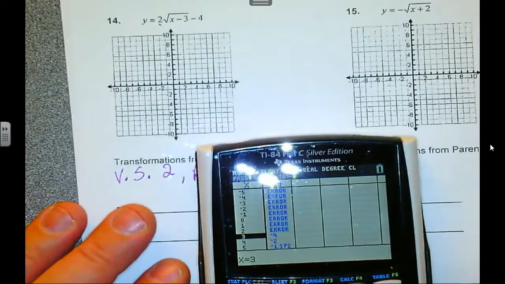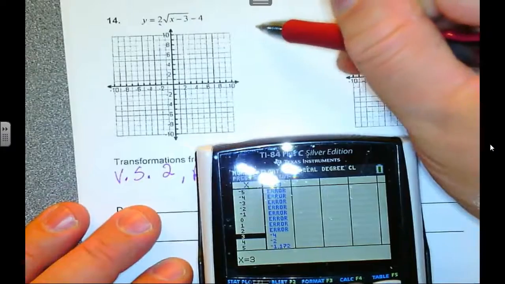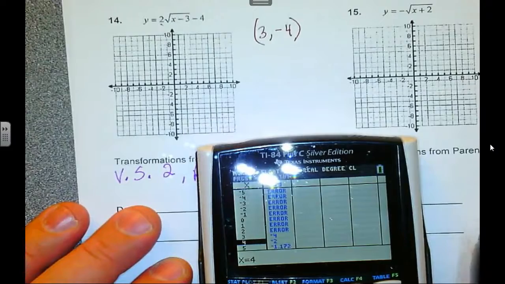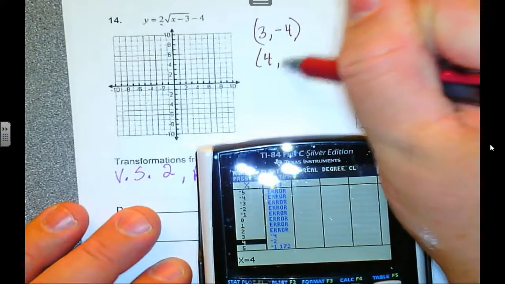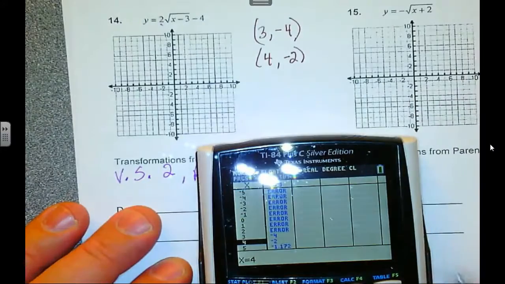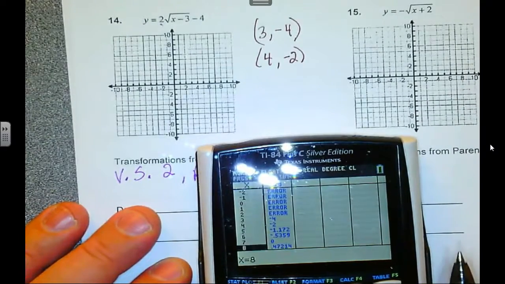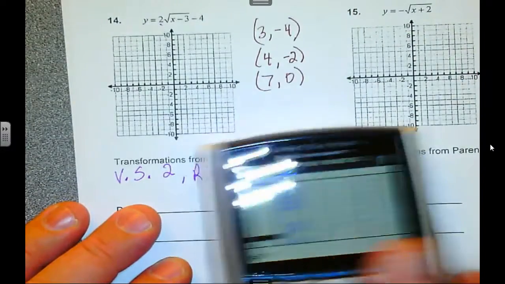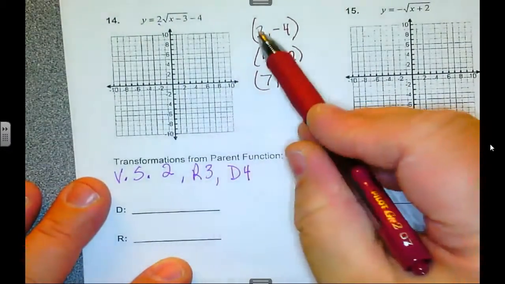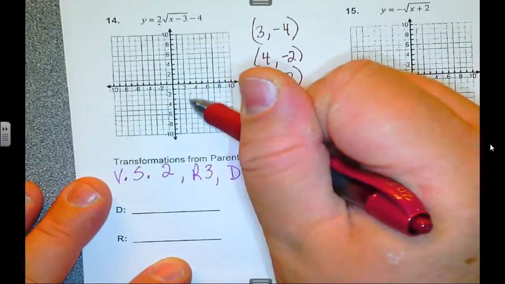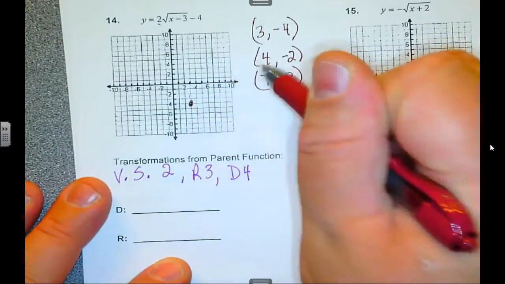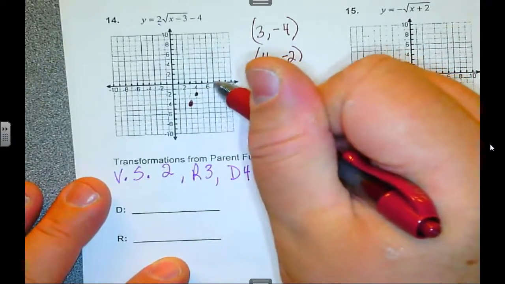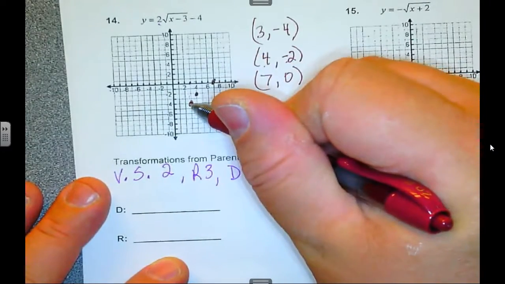So I'm going to list some good points here. 3, negative 4. 4, negative 2. 7, 0. So here's my curve.